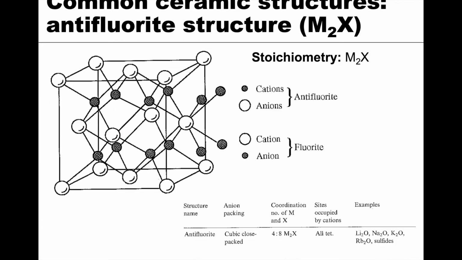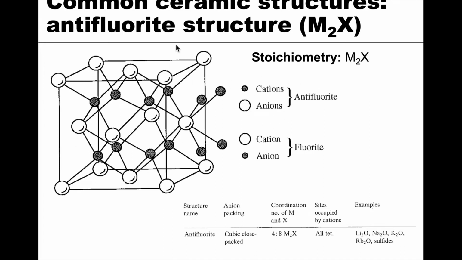With that in mind, let's also look at something called antifluorite. Because it says anti, think opposite on everything, right? So that was MX2 or MO2. This one's going to be M2O. Basically what we do is flip the cations and anions.